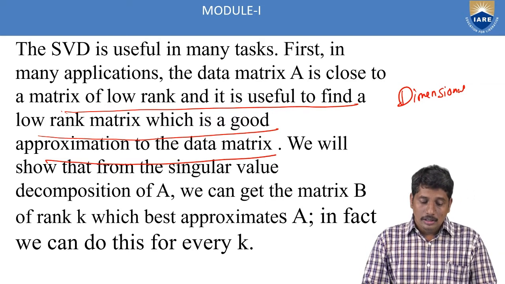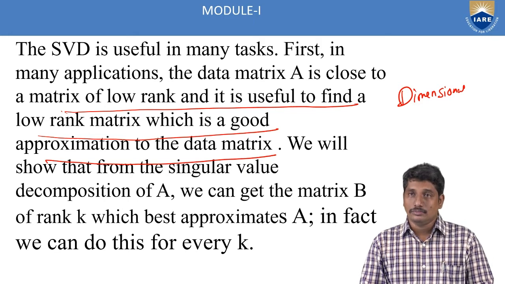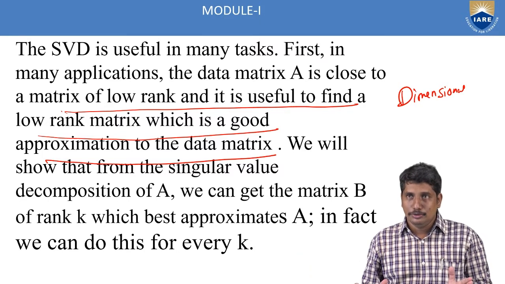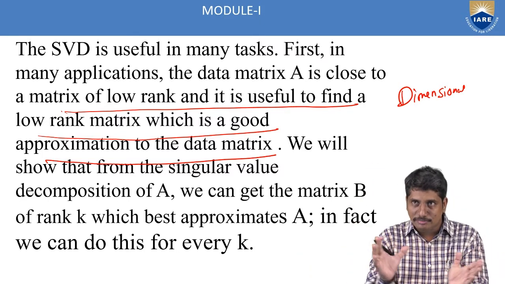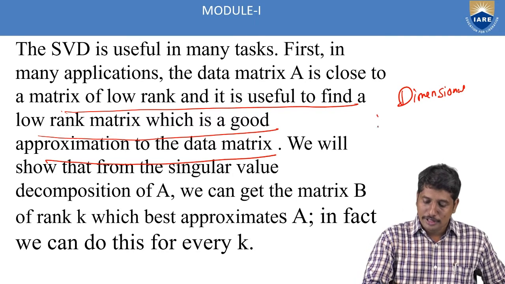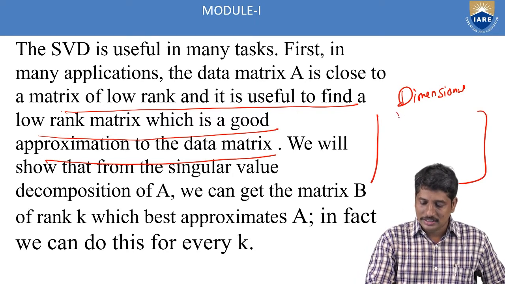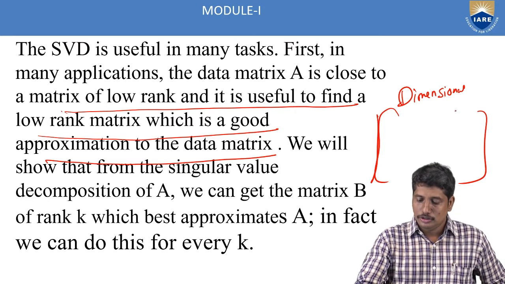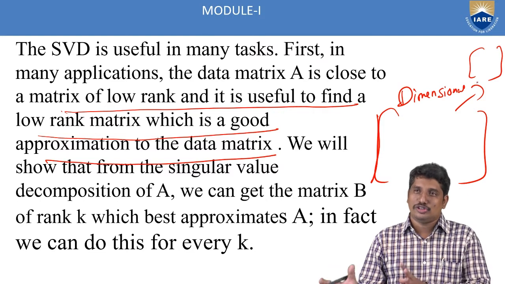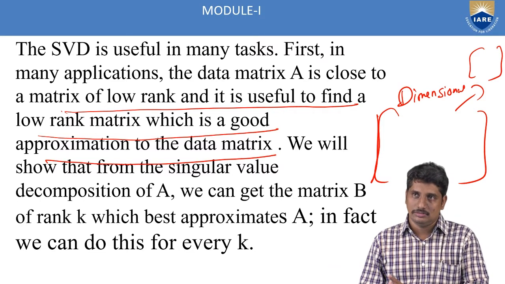By using SVD, we can reduce a big data matrix into a reasonably small matrix. When we have a huge data matrix, we can reduce it to a smaller data matrix without loss of much valuable information.